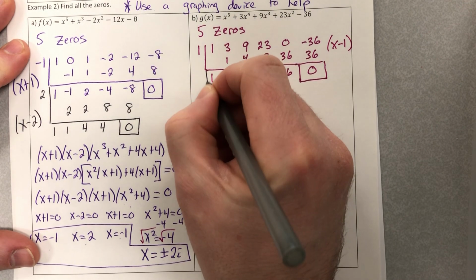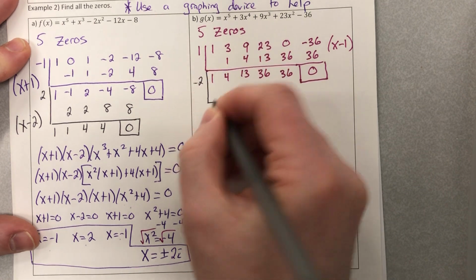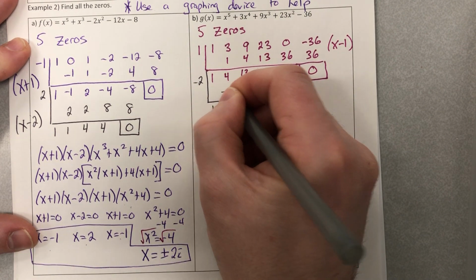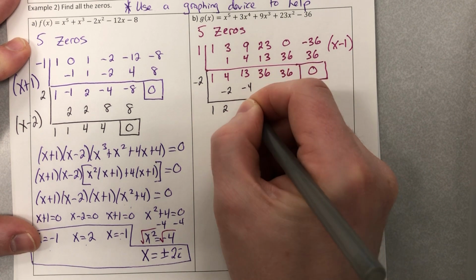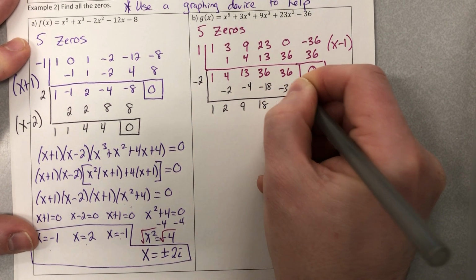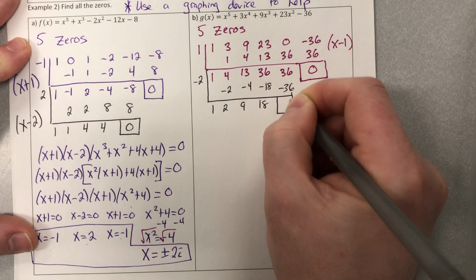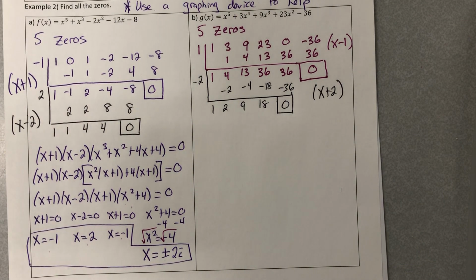Now it also looks like it hits it at -2. So I bring down the 1. So X plus 2 is also a linear factor.